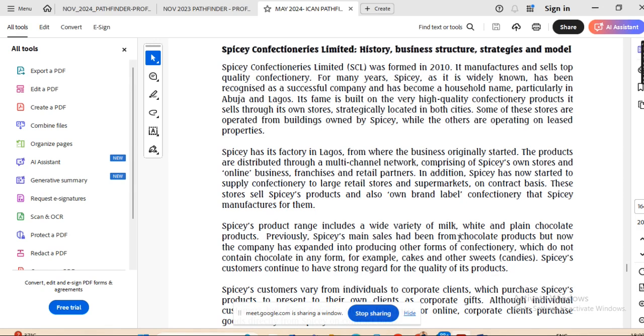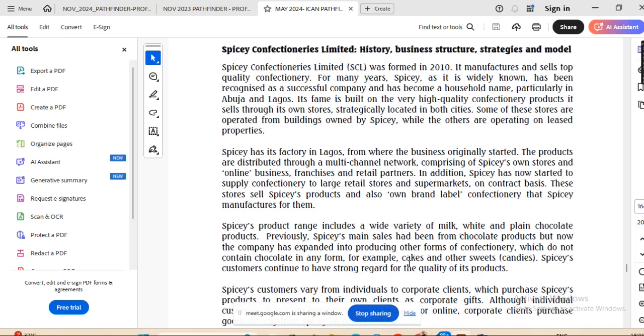From chocolate products, their major revenue is from chocolate products, but now the company has expanded into producing other forms of confectionaries which do not contain chocolate in any form, for example, cakes and other sweets, candies.